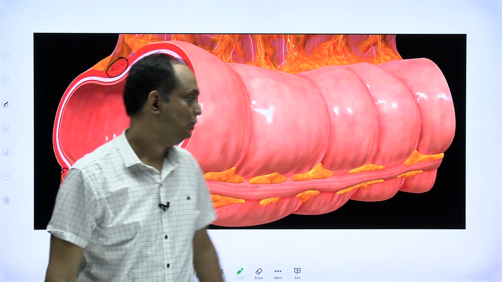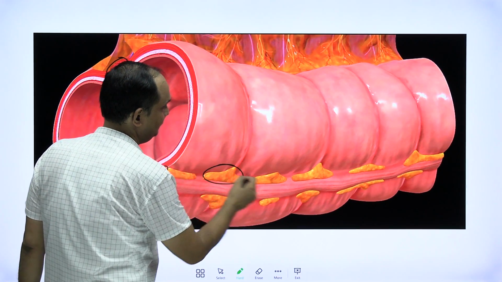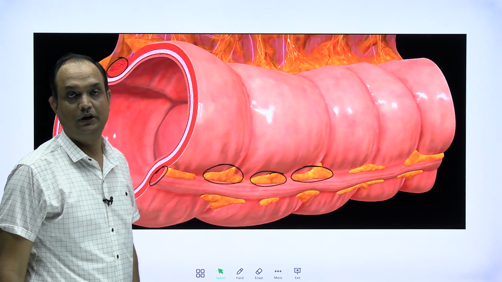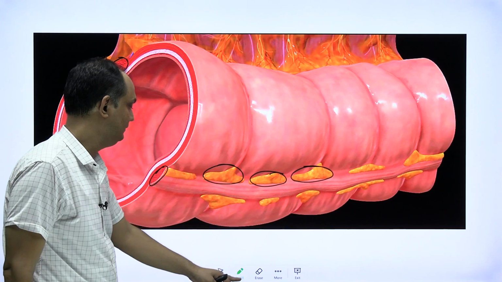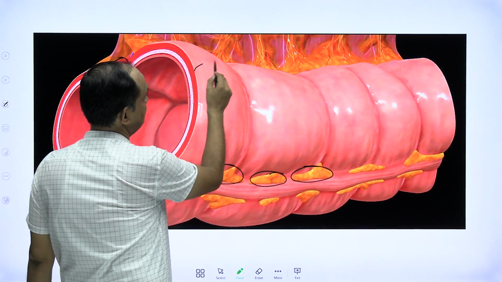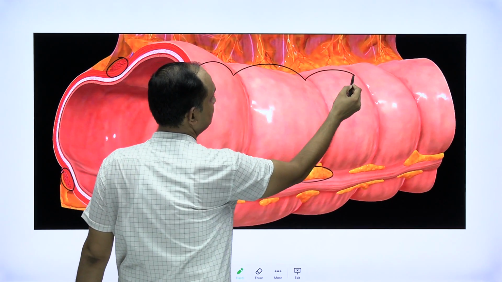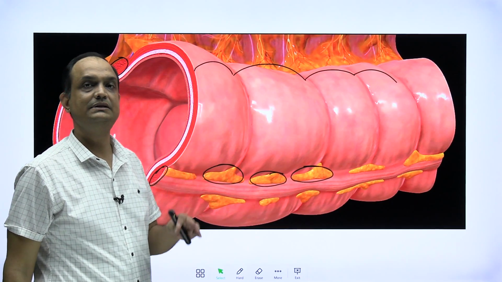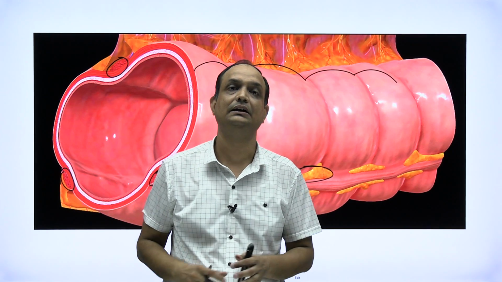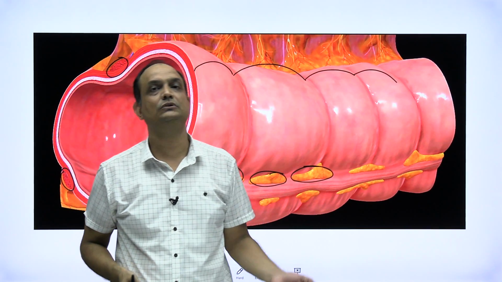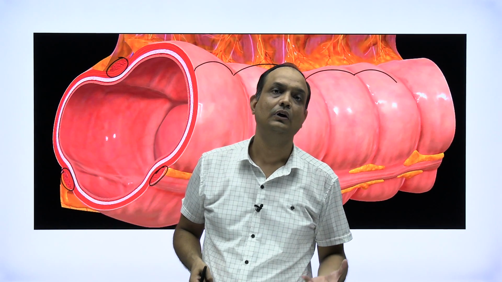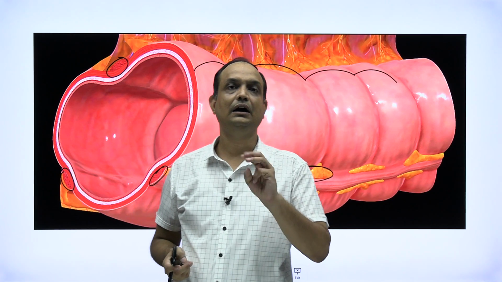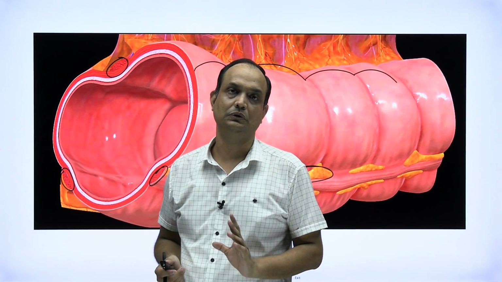Along the teniae, you will find the fat-filled areas or bags known as appendices epiploicae. And you have one more feature: these saculations or haustrations, the puckered appearance of your colon. So when you see the colon, whether we are talking about the cecum, ascending colon, transverse colon or descending colon, you will always find these three cardinal characteristic features of the colon. Clear?